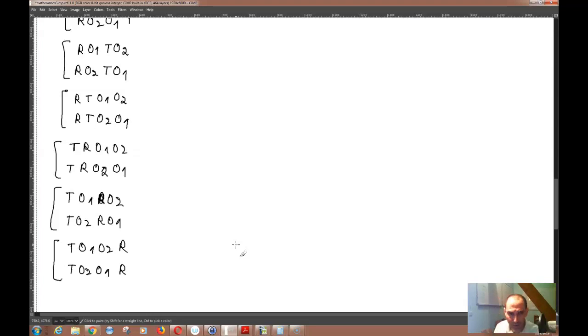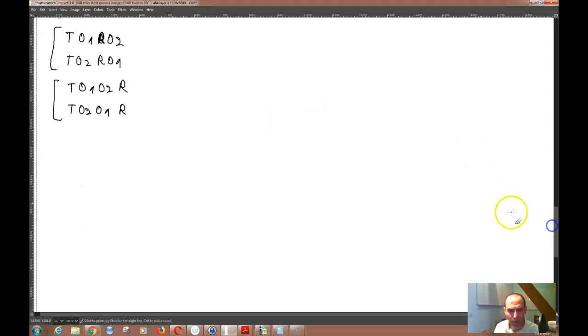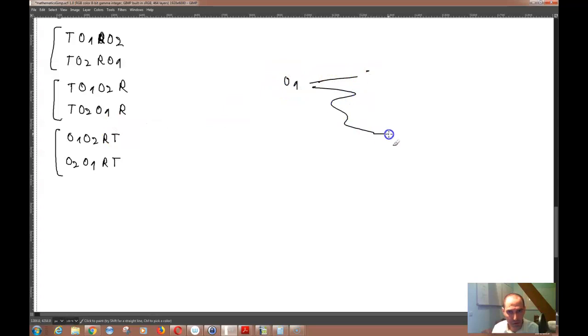O1O2RT, you have O2O1RT, and of course you do understand that, for example, these two results come from two different processes, meaning that, for example, to get this result you have to start with O1 and do the whole thing related to O1.